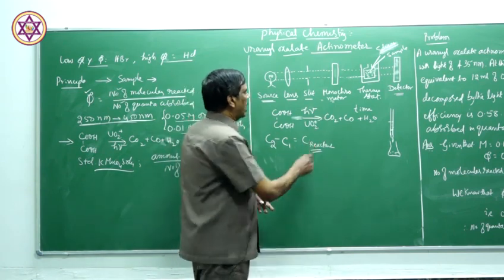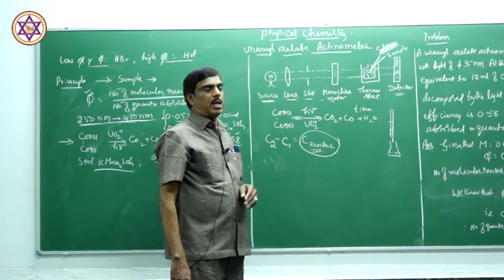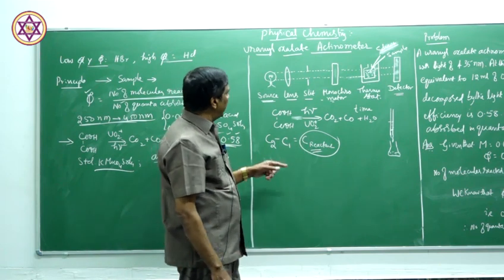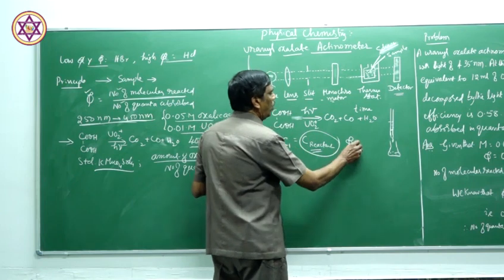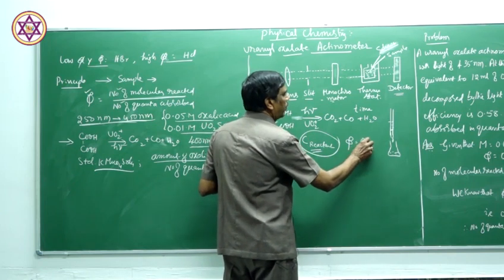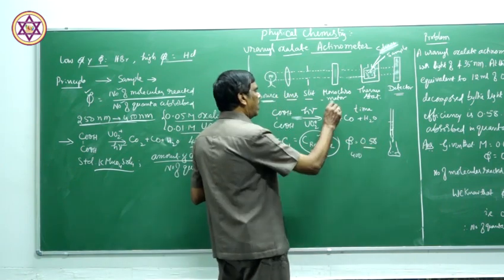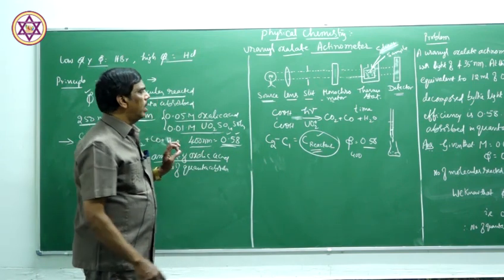If you know the concentration of the reactant, you can find out the number of molecules of the reactant, and the standard quantum efficiency of a known wavelength is known. For example, at 400 nanometer the quantum efficiency is 0.58. So, quantum efficiency is known and the number of molecules of the reactant is known. You can find out the number of quanta absorbed.